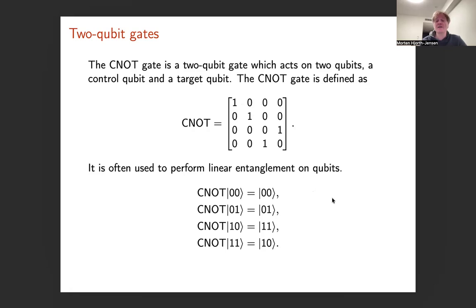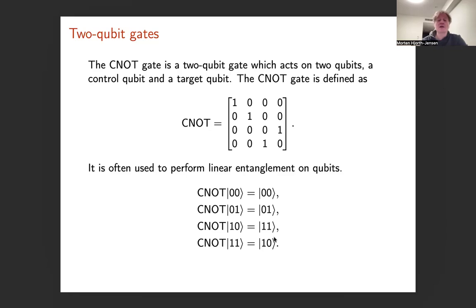To quickly remind you, the state 0,0 is a tensor product of a qubit in system A in state 0 and a system B in state 0. So we write it in this compact way. And these states 0,0, 0,1, 1,0 and 1,1, which we have here as computational basis states, are orthogonal to each other. And this is the operation which we get when we operate with a CNOT gate.